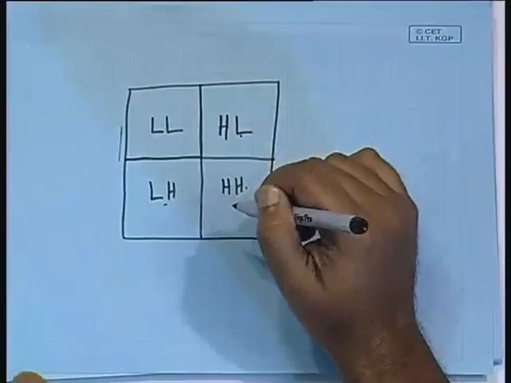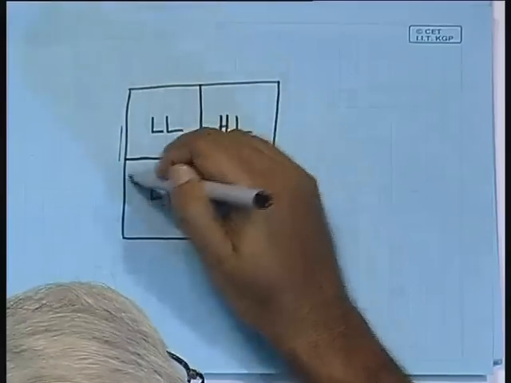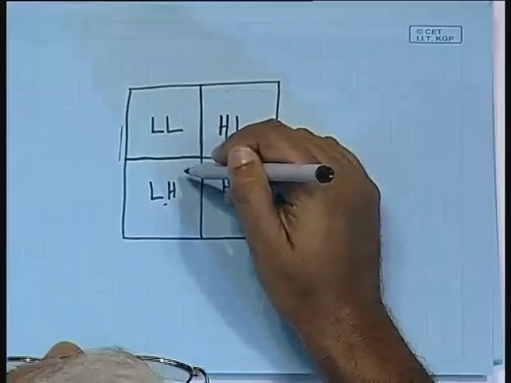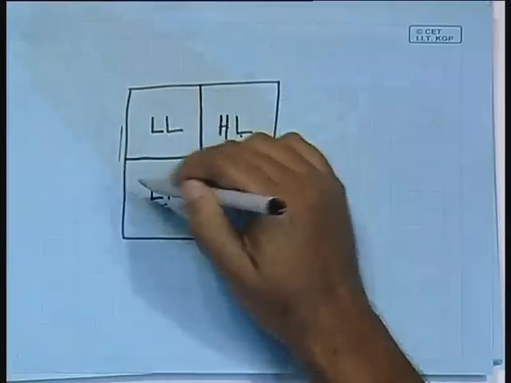So, the LL subband contains 1/4 of the total number of samples which are there in the image, and likewise every subband is containing 1/4 of the total number of samples. So, we are just indicating, the way of representation like this means that in this quadrant we are accommodating all the pixels which are basically the LL filtered version, which means to say along the rows low pass filtered, along the columns low pass filtered, that type of signals we are putting into the LL subband.